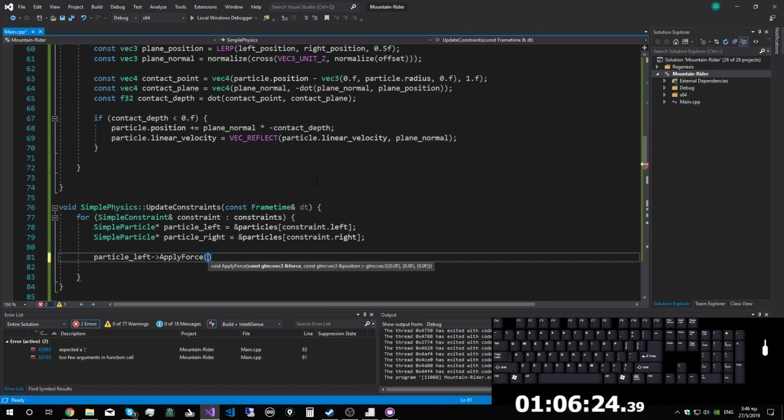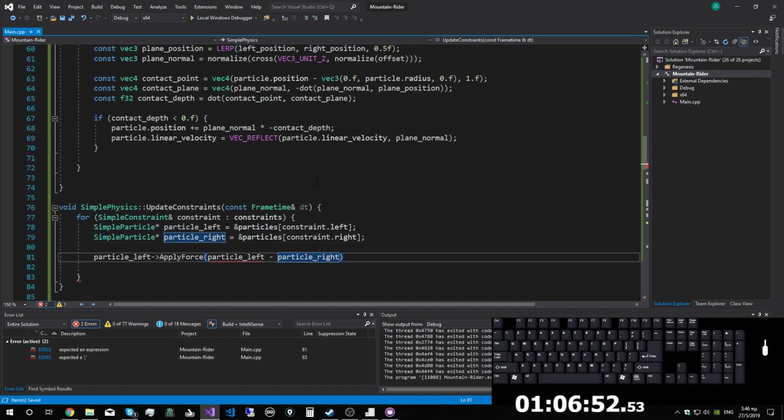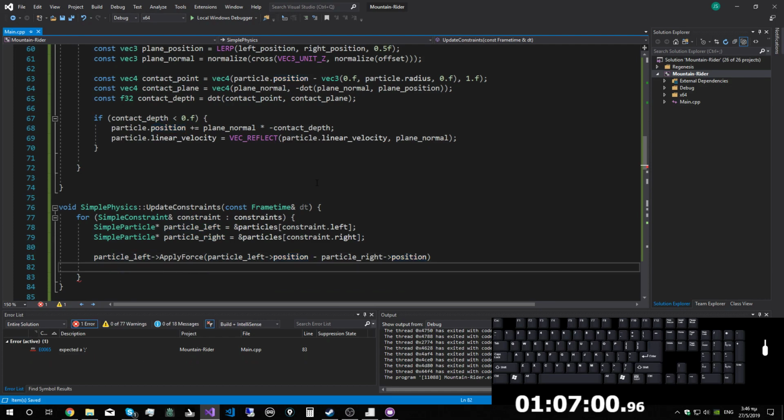And the force is going to be, we need the direction vector from the left, from right to left, right? Position always. So that's our direction.